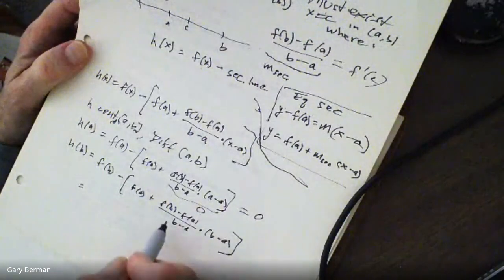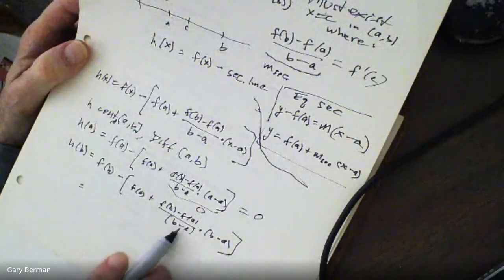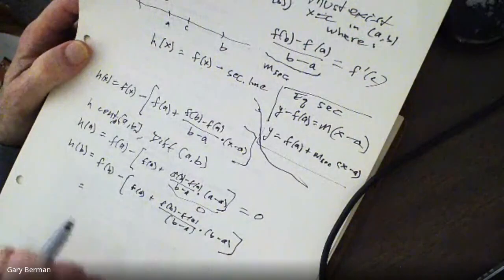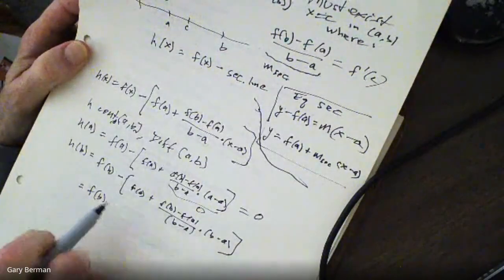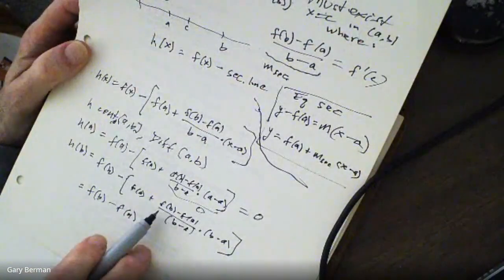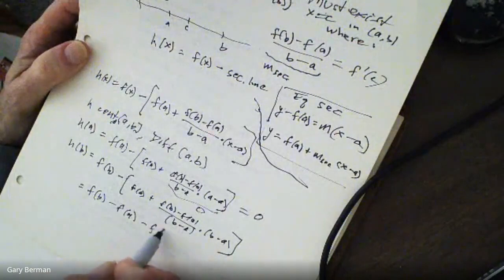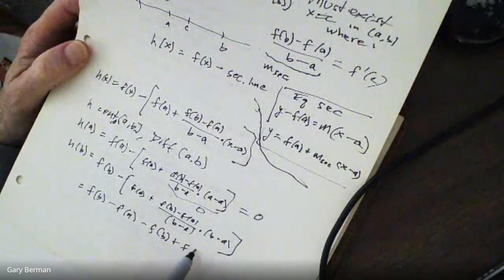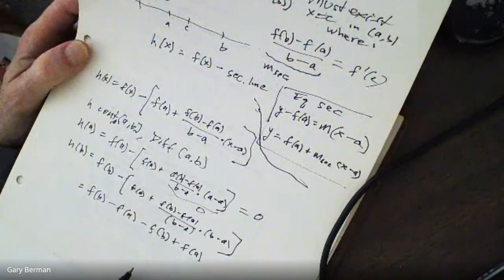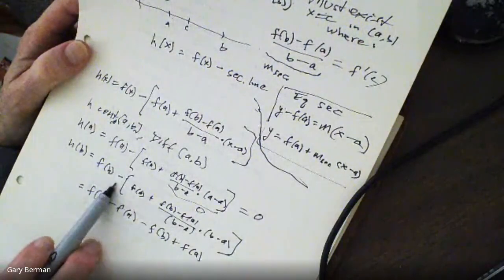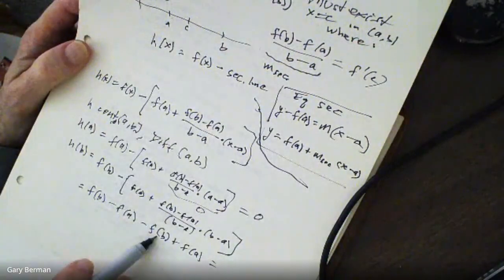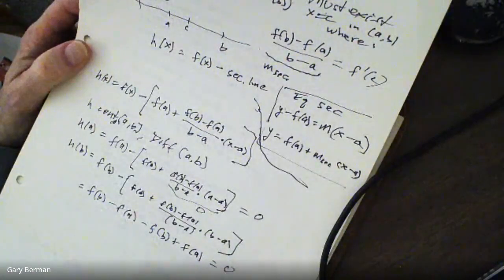Now, this b minus a and this b minus a will cancel out. So we're going to be left with f of b minus f of a minus f of b plus f of a. Remember, this fraction is not a fraction anymore because the b minus a is canceled. And I distribute the minus sign over what's left. F of b minus f of b minus f of a plus f of a, big fat 0.